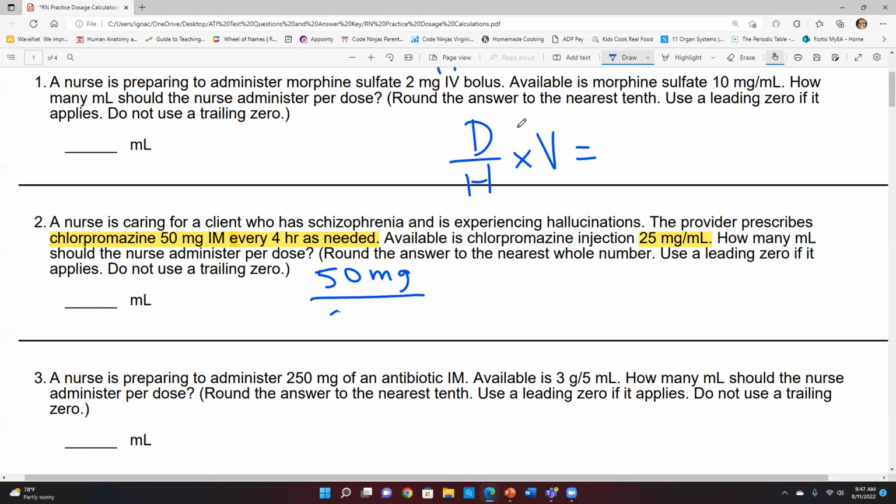On the label is 25 milligrams, and it comes in 1 ml. Once you do that calculation, you should get 2 mLs, okay? 2 mLs.